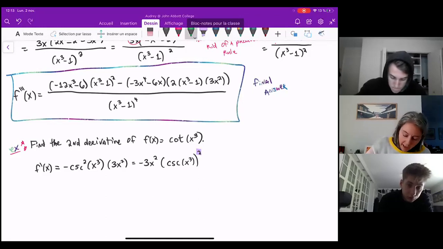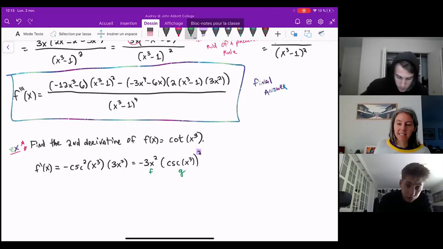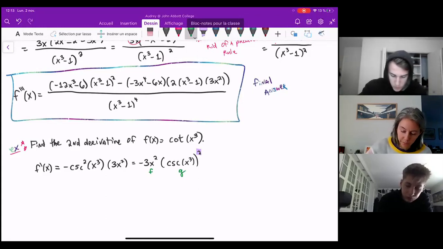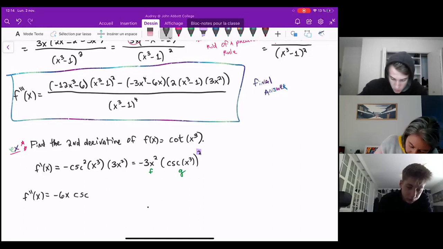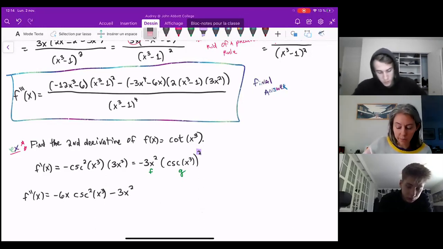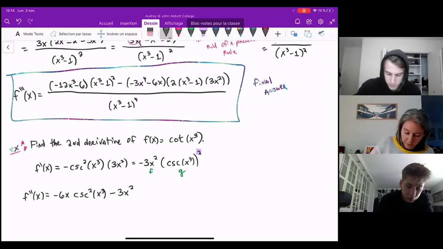Which means that now I have a product rule, and inside of that product rule, I have a chain rule. So f double prime of x is the derivative of the first times the second, plus the first. And this is where it's going to be a little bit challenging, but I'm just going to do this, times the derivative of the second. So that's 2 cosecant of x cubed.